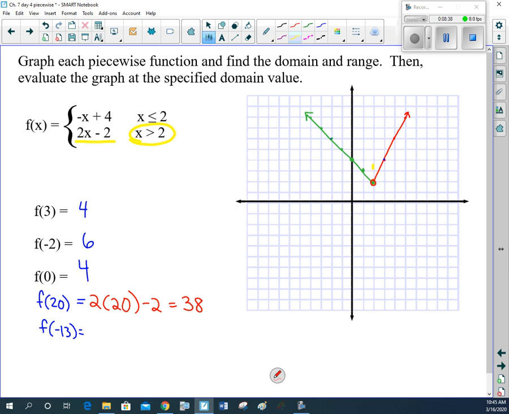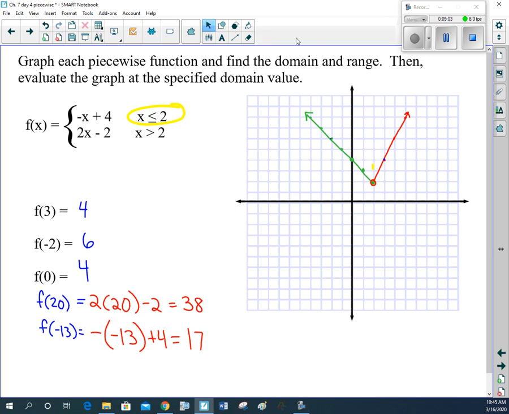And then f of negative 13, well, once again, go look at your boundaries and figure out where negative 13 would be. Negative 13 is definitely within this boundary, so I'm going to use the top equation. So be careful with your negative signs. It's a negative, parenthesis, negative 13 plus 4, and so that turns out to be 17, which makes sense.